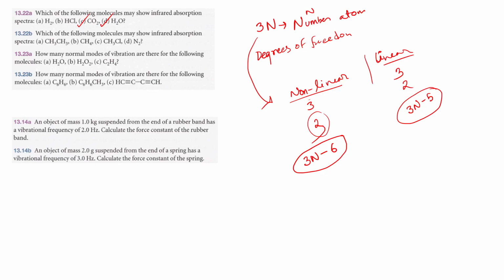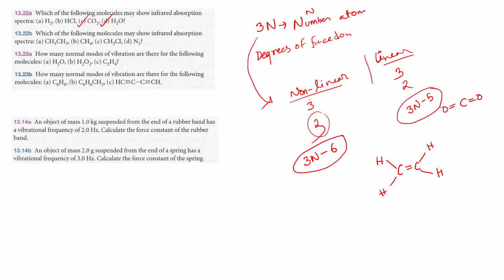I will show the structure later. But what about C2H4? C2H4 is ethene, not ethane. Ethane is C2H6. There is a double bond between the carbons. Is it linear or non-linear? It looks like this. It's non-linear. And linear is CO2.